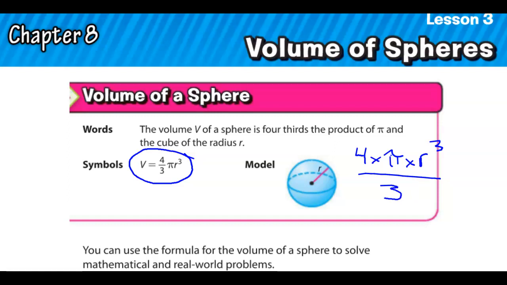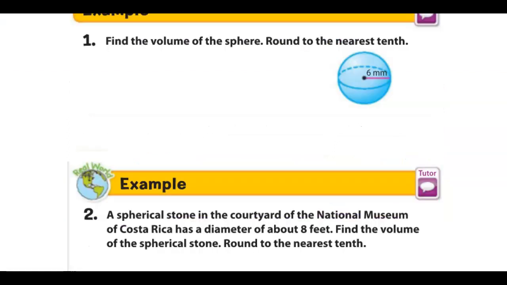In any case, let's roll on down and take care of number 1. Find the volume of a sphere, rounded to the nearest tenth. One common mistake in this section is that we've been doing pi r squared quite often. We have to remember that we are going to do 4/3 pi, and then the radius to the third power.